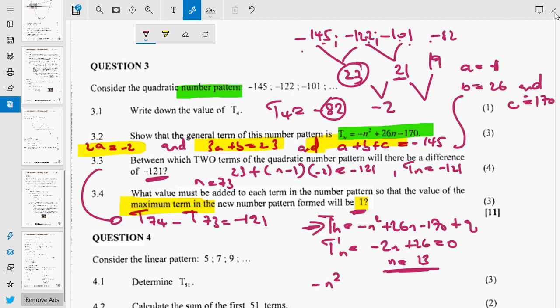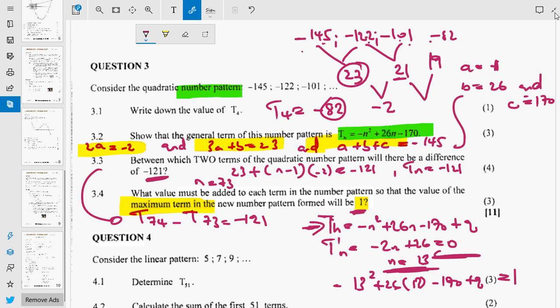So what does this mean? This is calculus, but in the context of sequences in series, which I think is quite interesting. I don't know about you. So minus 13 squared plus 26 times 13 minus 170 plus q is equal to 1.